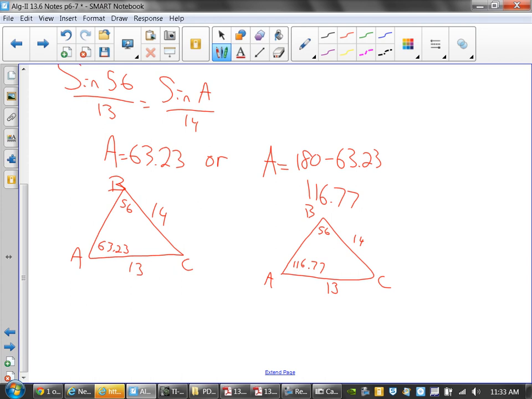So for the triangle on the left, take 180, subtract out the 63.23 and the 56, and we get 60.77. Law of sines then.